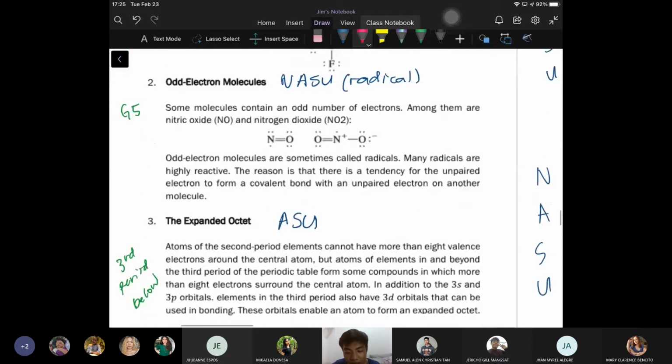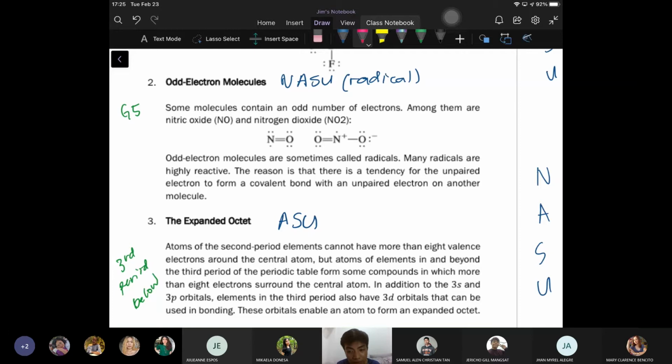The second one is the odd electron molecules, no? So when we have odd electrons, dito nag-exist yung radicals, no? So siguro familiar kayo with the radicals, kasi sa mga food supplements, sinasabi doon, it helps to remove radicals sa ating body.